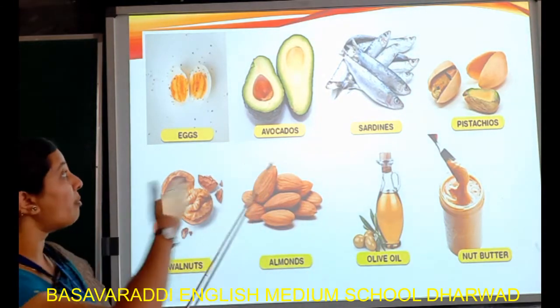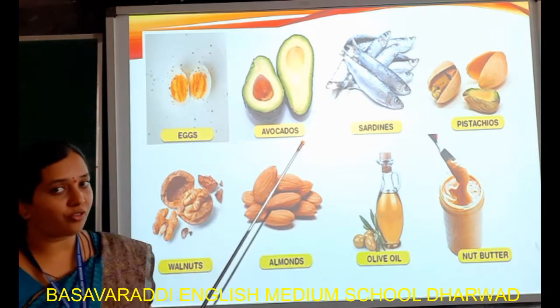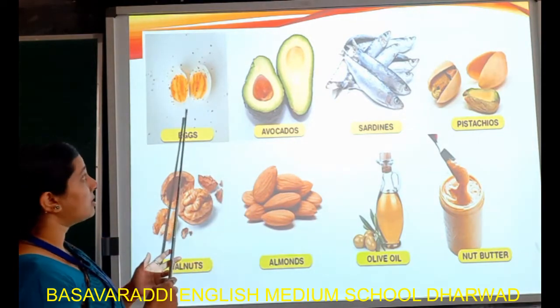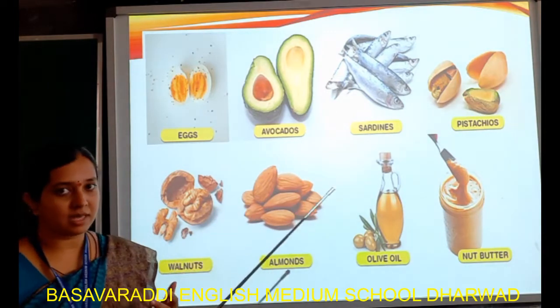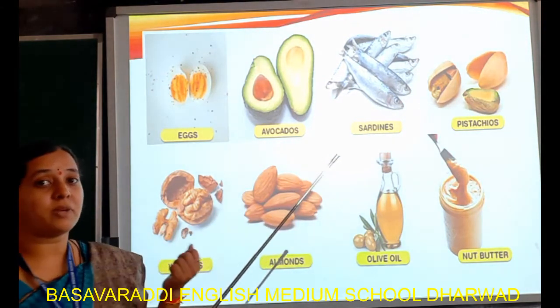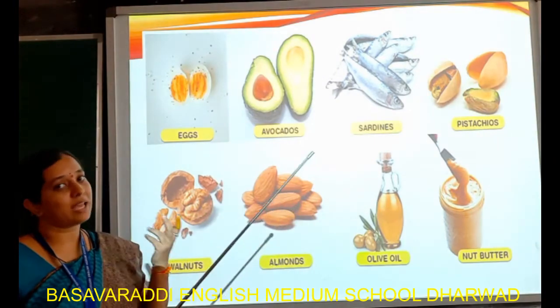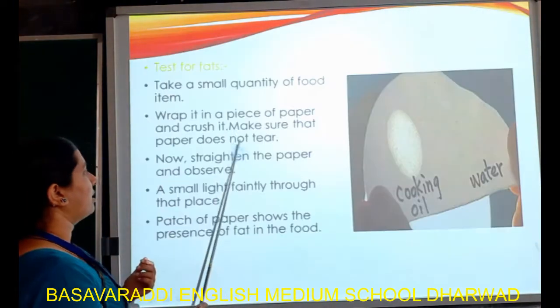There are so many sources of fats. This is an animal source, this is again a plant source, an animal source. So fats are obtained from both plants as well as animals.